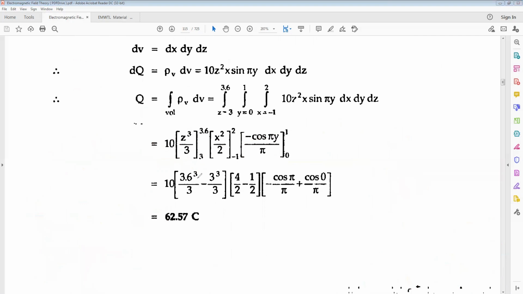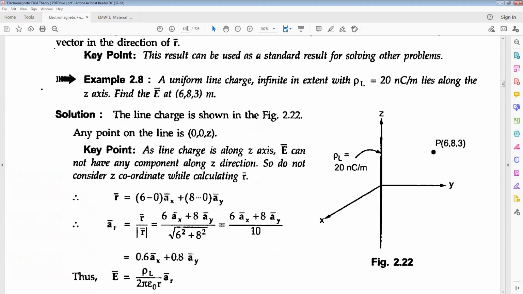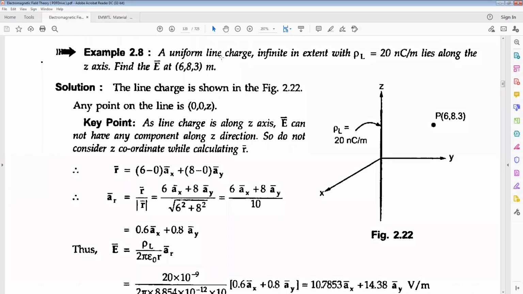The next example. A uniform line charge, infinite in extent, with the rho L is equal to 20 nanocoulomb per meter, lies along the z-axis.